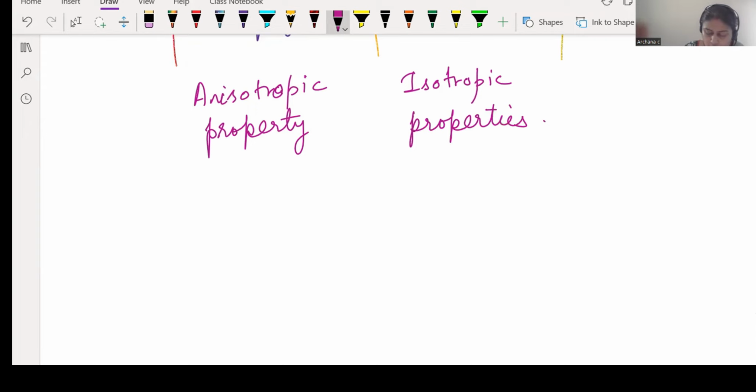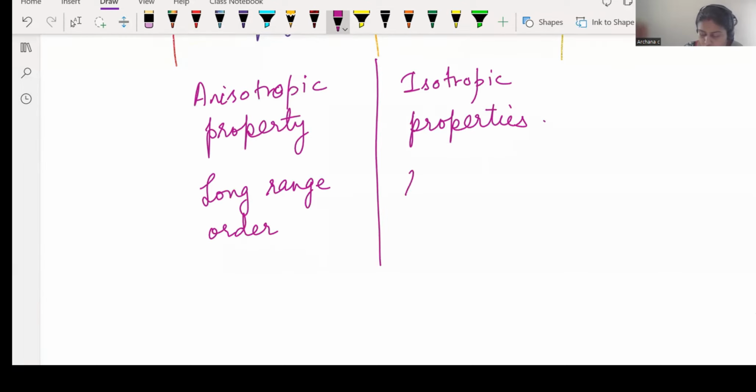They have long range order, whereas amorphous solids have short range order. Let me give you an example to elaborate or illustrate this particular point.